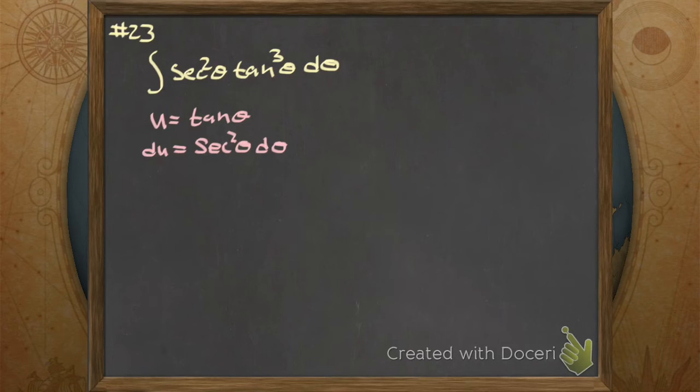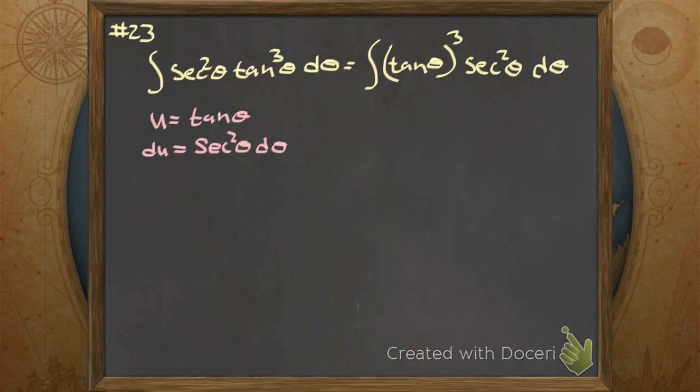So if I was going to rearrange that, just so that we could see clearly our u sub, this is going to be the integral of tangent to the third, and then I have the secant squared theta d theta. Now I can directly make my substitutions.